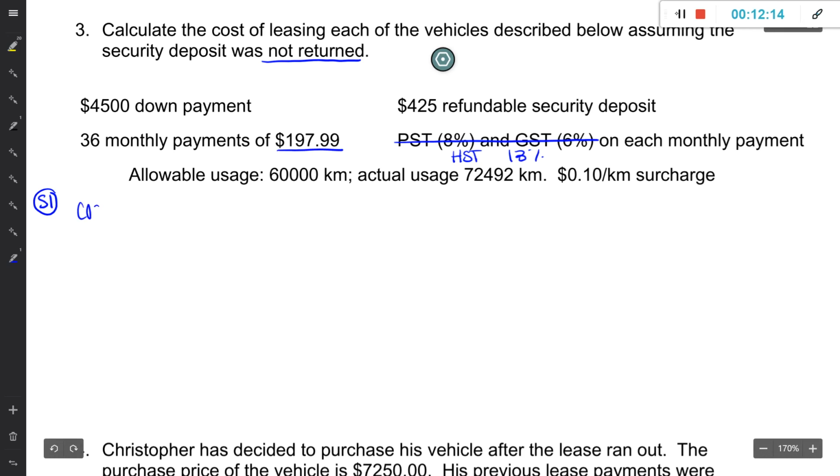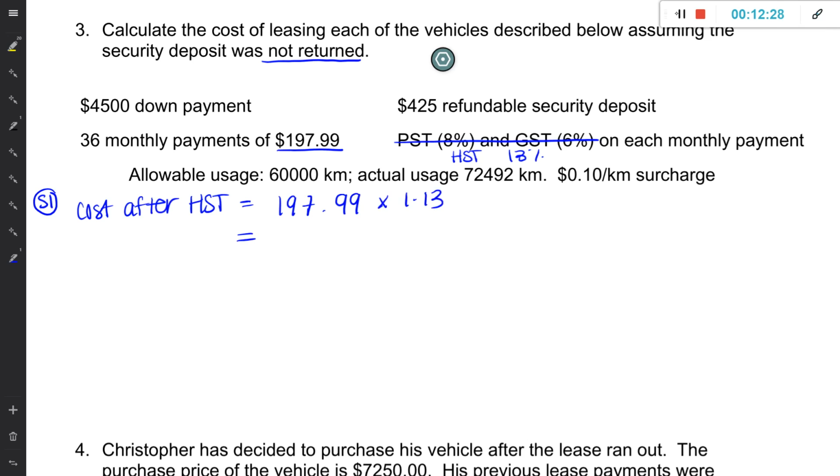So cost after HST is going to equal 197.99 times 1.13, and we're just going to plug that into our calculator. That equals 223.73.